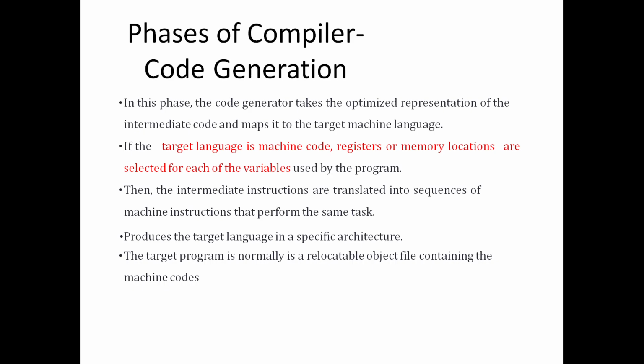If the target language is machine code, then registers or memory locations are selected for each of the variables used by the program. Whenever we use machine code, we have to use registers or memory locations for storing variables. Intermediate instructions are translated into a sequence of machine instructions that perform the same task. So finally we got the machine language.